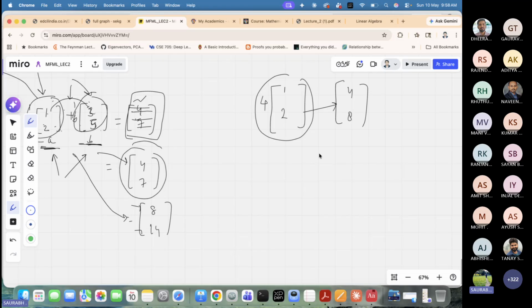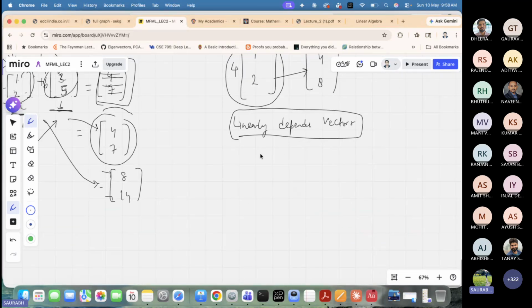Now, there is a mathematical way of writing linearly dependent vectors. So if you have a set of vectors and you combine them with scalar multiplication, let's say lambda 1 times a1 plus lambda 2 times a2 plus lambda 3 times a3, and so on, plus lambda n times an, where a1, a2 and so on are vectors.